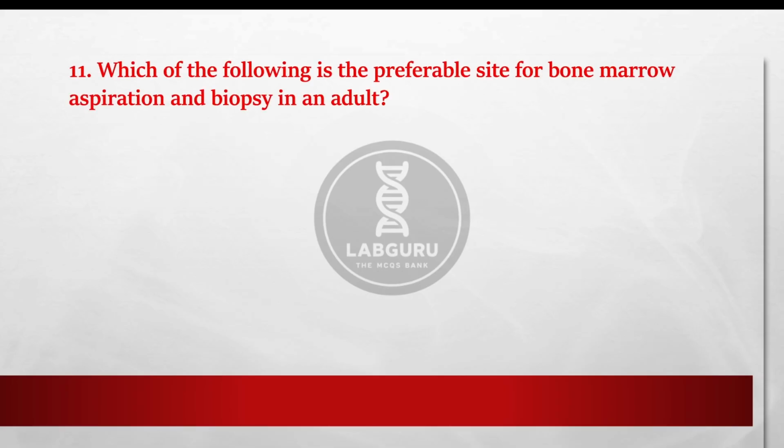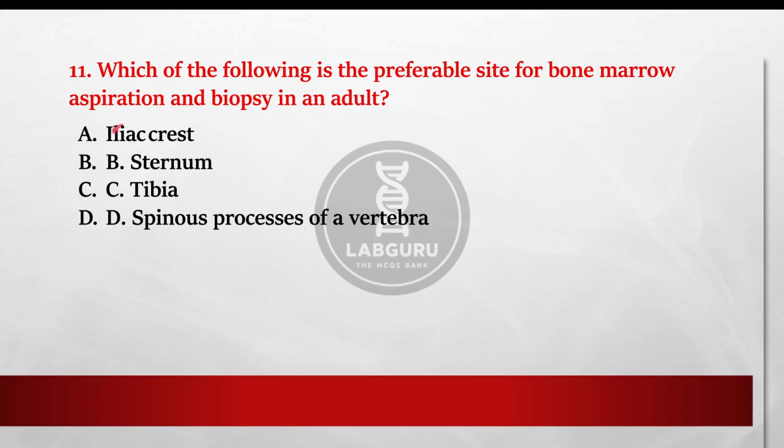Question number 11. Which of the following is the preferable site for bone marrow aspiration and biopsy in adults? The options are: option A, iliac crest; option B, sternum; option C, tibia; and option D, spinous processes of a vertebra. So the right answer is option A, the iliac crest.